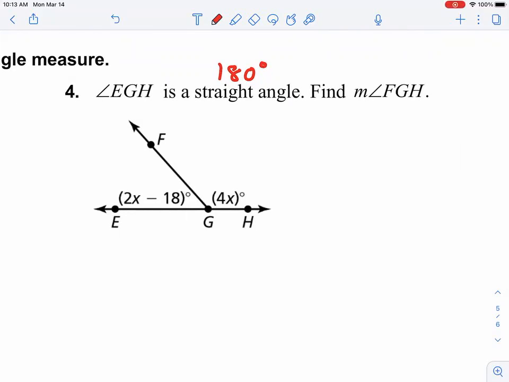So let's do the 3 steps. Write our equation, solve for x, and then plug it back in. So our equation would be that 2x minus 18 plus 4x has to equal 180. Again, it's a straight angle, so they have to add up to be 180.